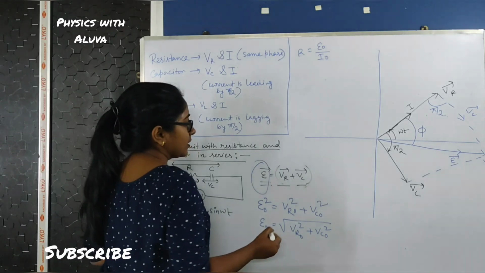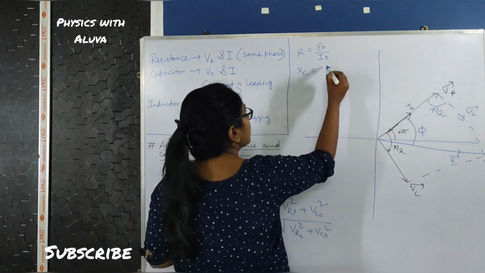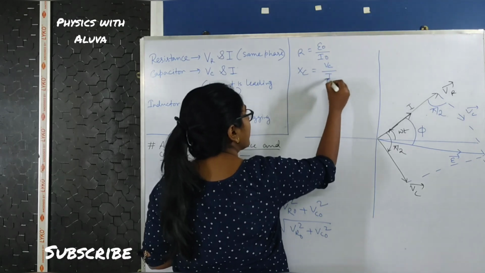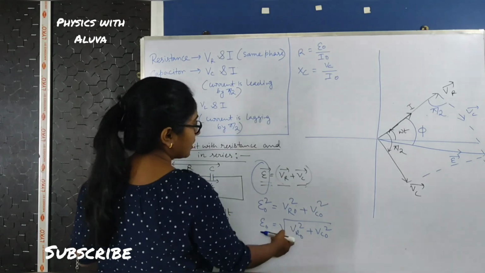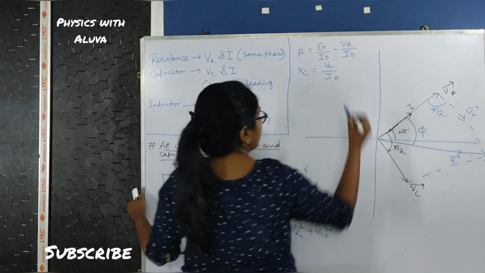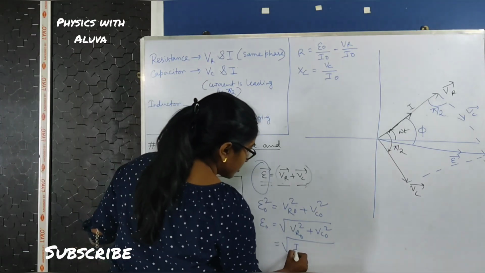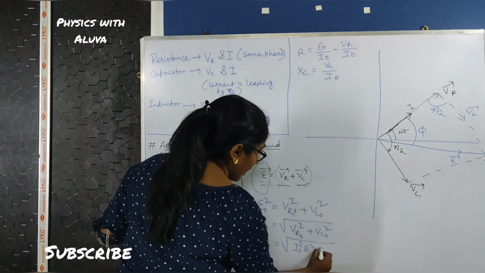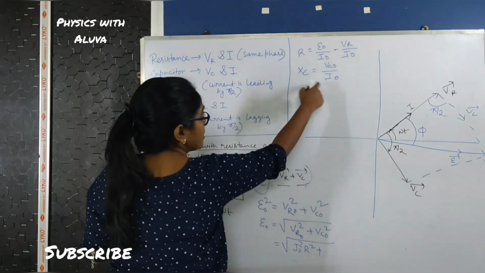And we have also written that XC is equal to VC by I. And from here we can write in this position, this can be written as VR by I naught. So here we can write in place of VR naught, I naught R, and in place of VC naught we can write XC I naught.